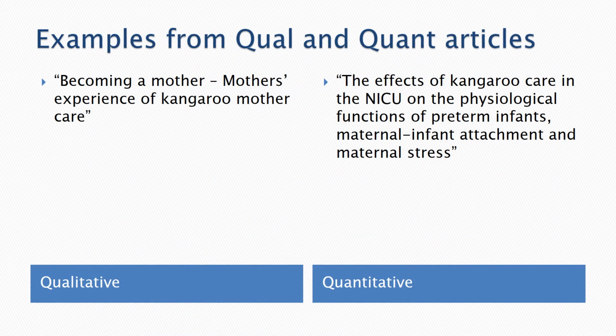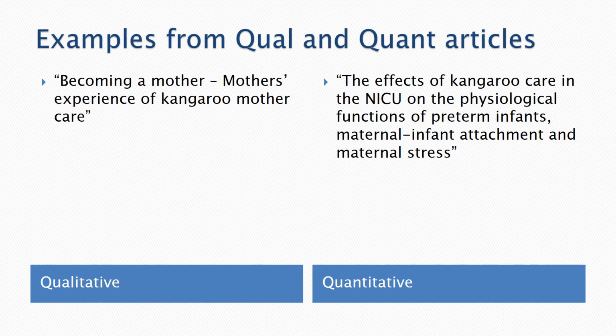In our synchronous time together today, we are going to look at two different research studies, one qualitative and one quantitative, on a similar topic, kangaroo mother care. I have provided you just with the abstract of each of these articles.